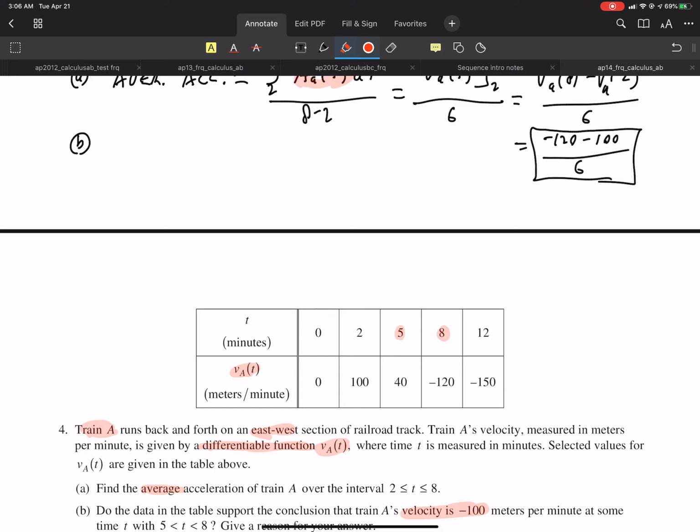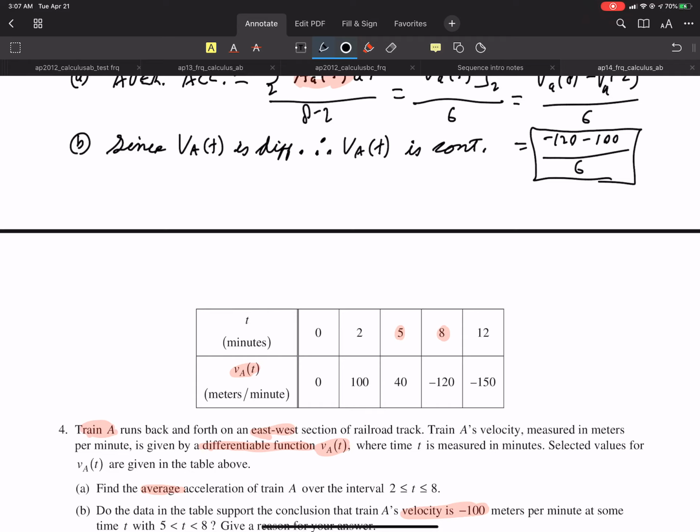Nowhere in the description does it say it's continuous, but we have what we need to know. Since VA of t is differentiable, therefore VA of t is continuous.